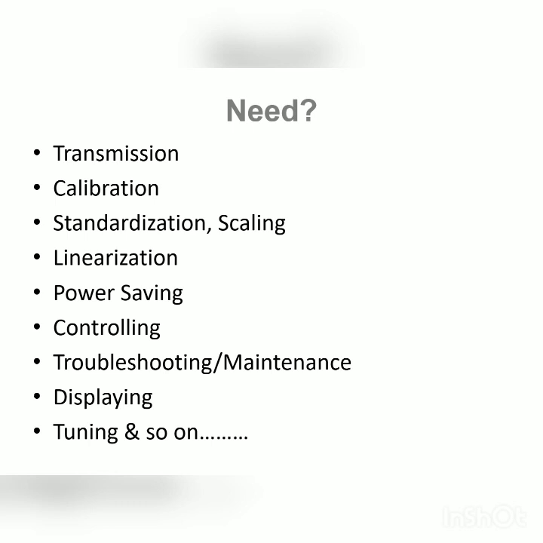Then you may need it for calibration purpose, then standardization, scaling, linearization, power saving, controlling, that is in process control, troubleshooting and maintenance. You may have to display what will be the output of the sensor and for tuning purpose.